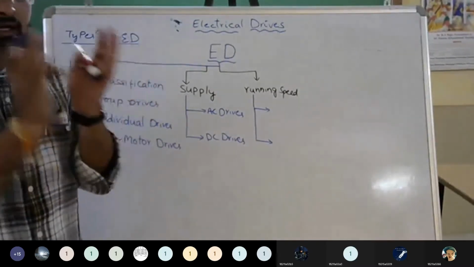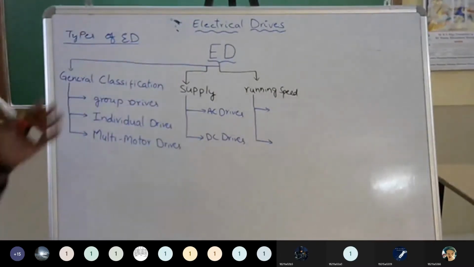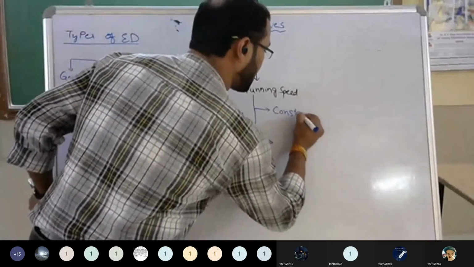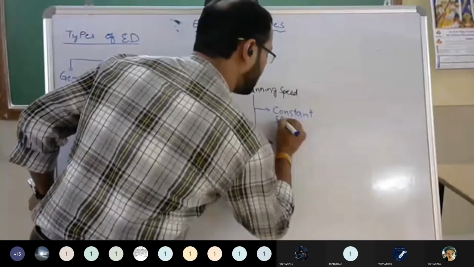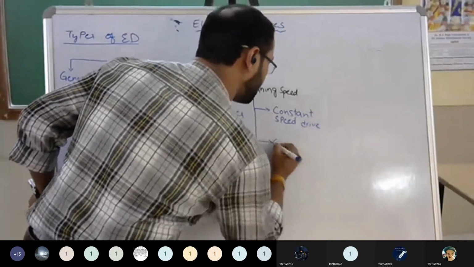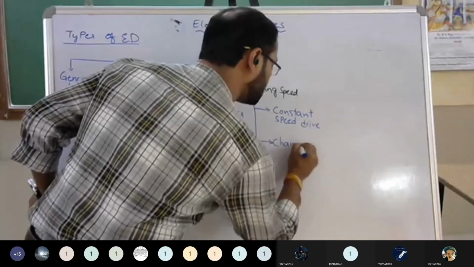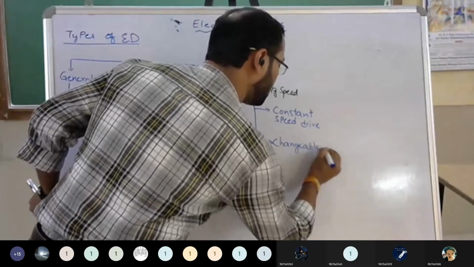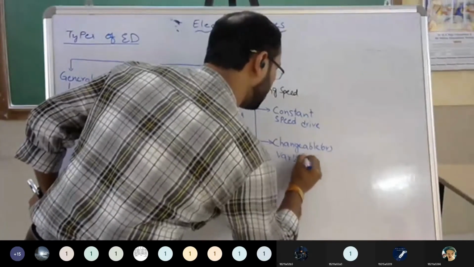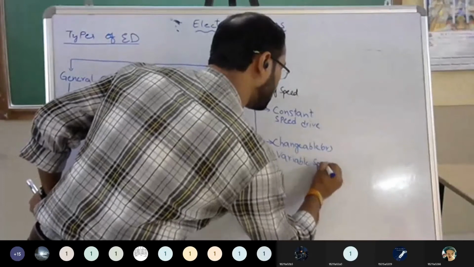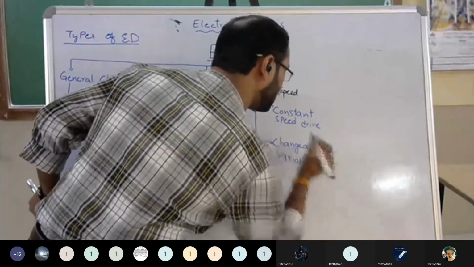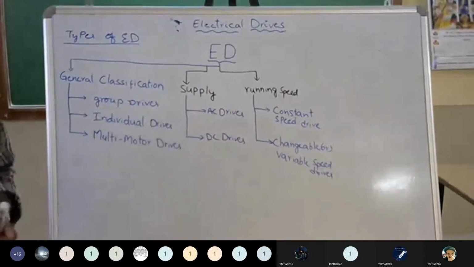Some motors will run at constant speed, so those are constant speed drives, and changeable or variable speed drives. This is according to the running speed.